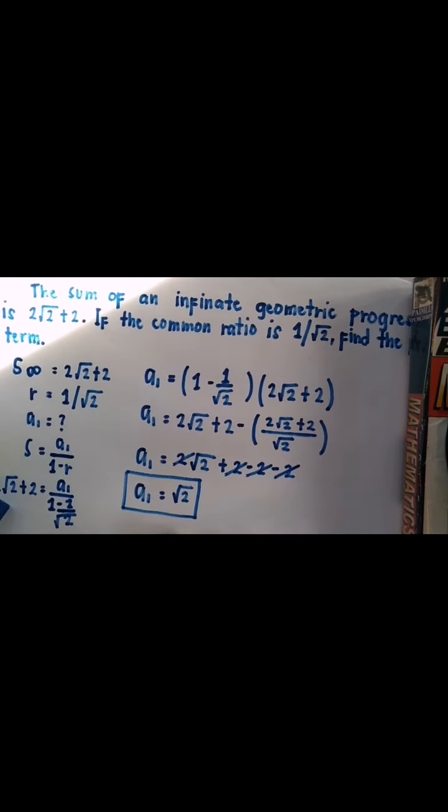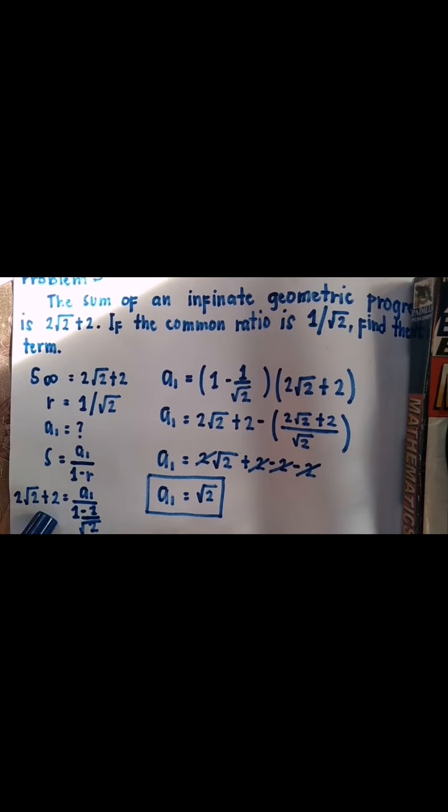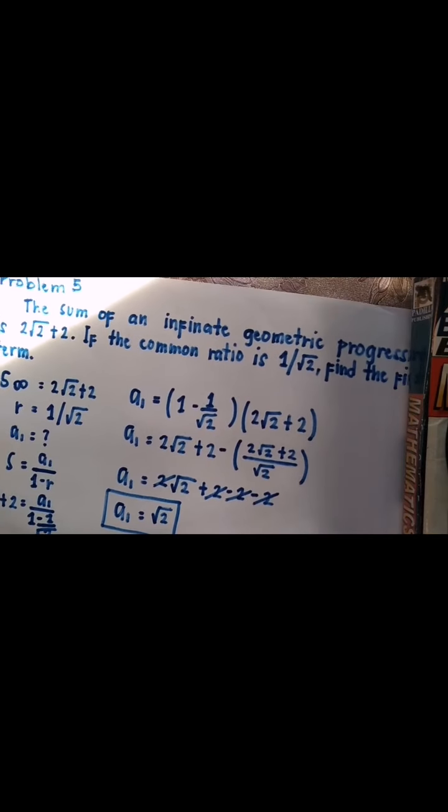So now we put this together: 2 square root of 2 plus 2 is equal to a sub 1 over 1 minus 1 over square root of 2.